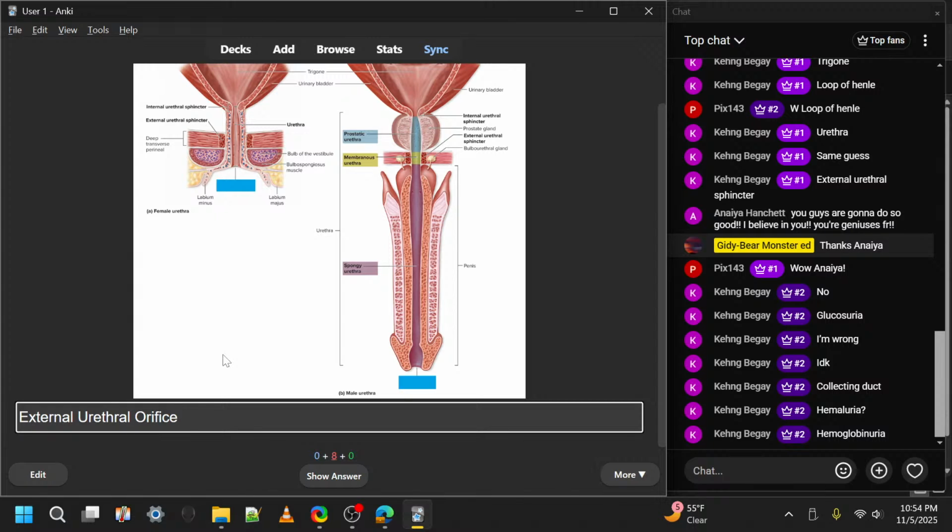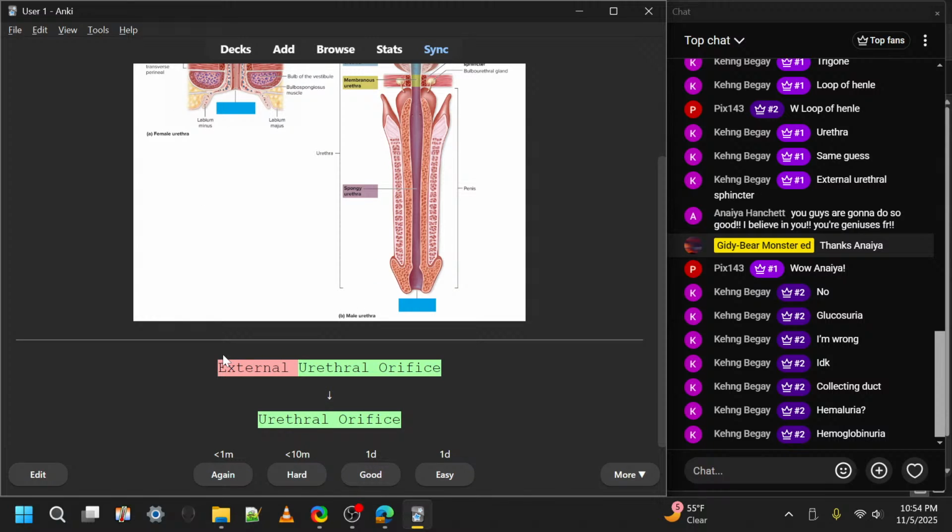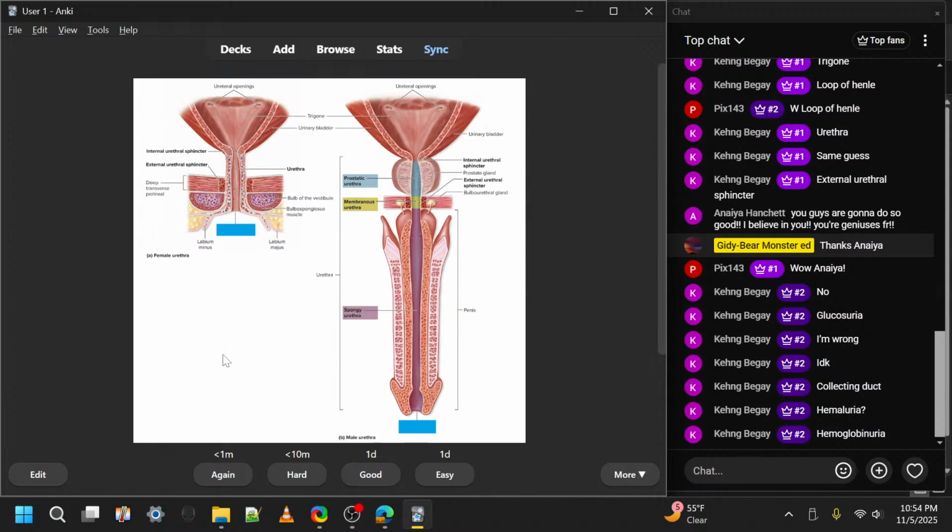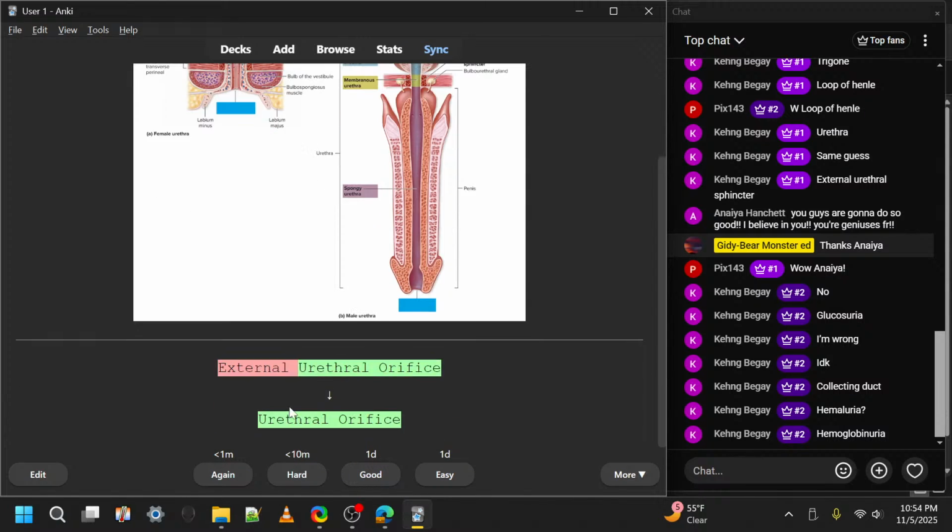I feel like there's something wrong with this. Wait, what? I feel like there should be an external and internal. Let me look at my paper. Yeah. There should be external and internal.